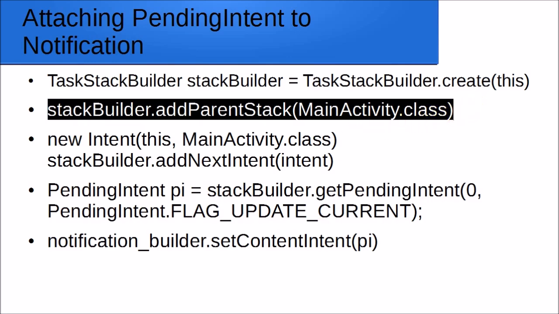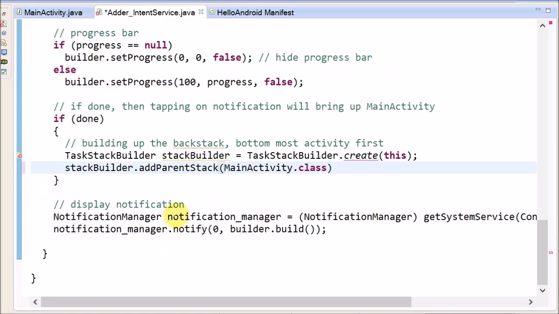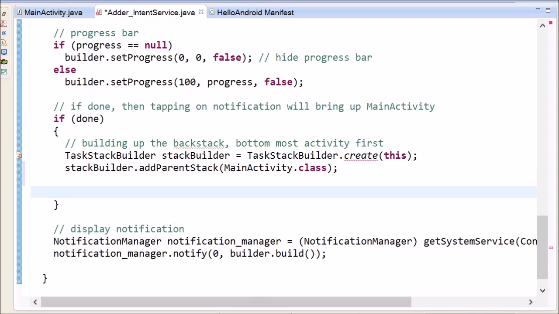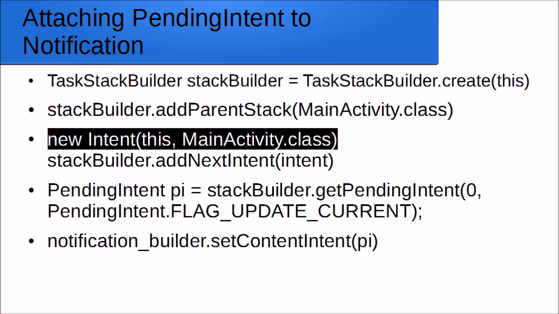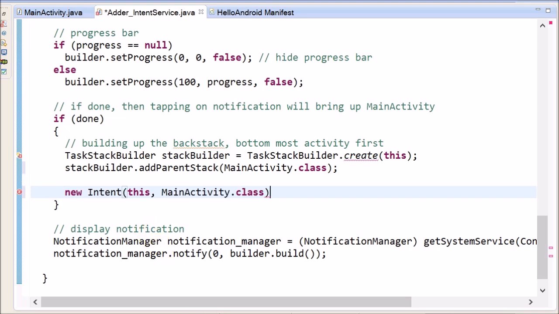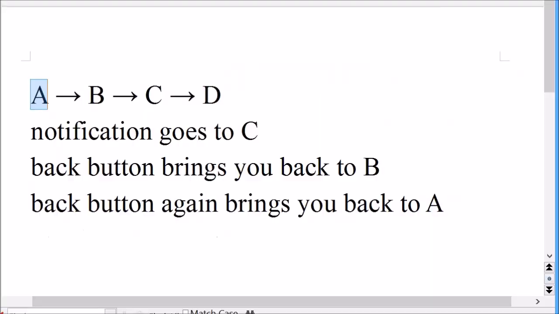So the so-called parent of the stack. After the parent, you need to start putting intents. In this generalized example, the first thing to go onto the stack is the intent that will start activity A. Then you put the intent that will start activity B, and so on.